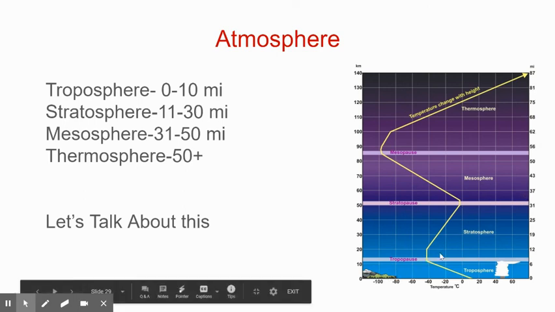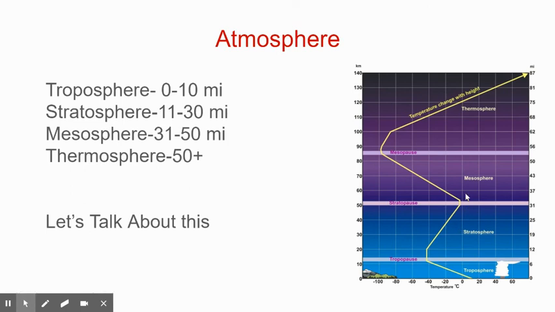I digress. So it gets warmer as you go into the stratosphere, then colder in the mesosphere, and then hotter again in the thermosphere. Why does this happen? You want to think about the way light energy reacts when it hits different substances.